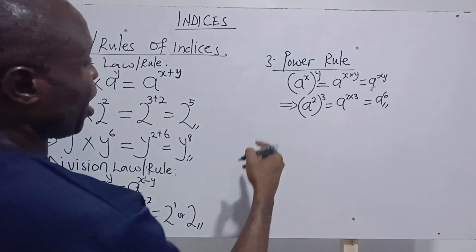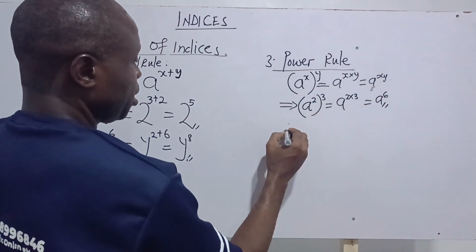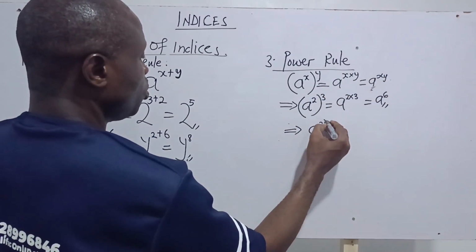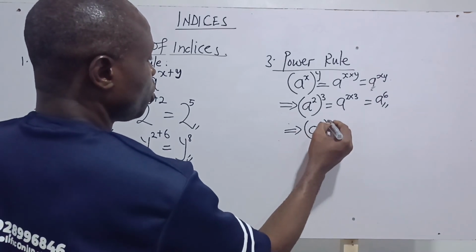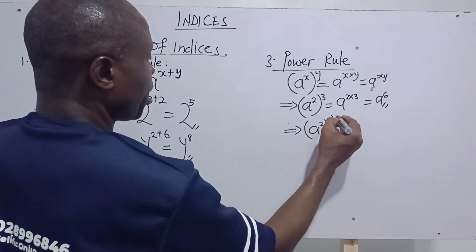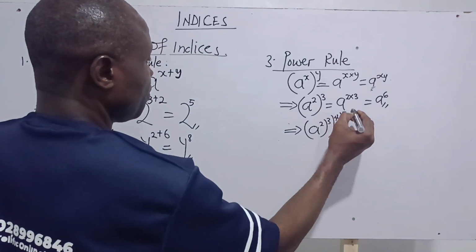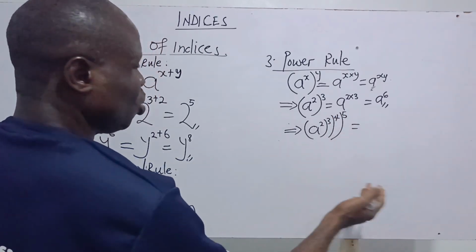And even if you're having multiple numbers like that, suppose you have something like a raised to power 2, close bracket raised to power 3, close bracket raised to power 4, close bracket raised to power 5. What you have to do here is simple.